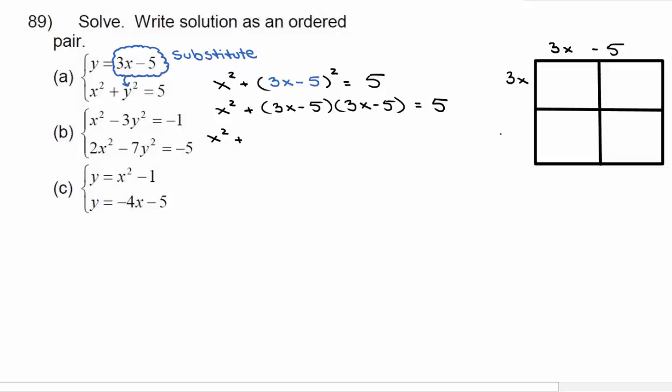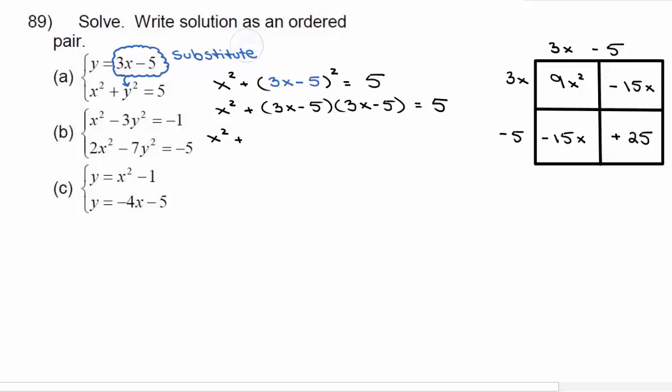I like to use the box method when multiplying polynomials. It keeps me nice, neat, and organized. 3x times 3x is 9x squared. 3x times negative 5 is negative 15x. Negative 5 times 3x is negative 15x. And negative 5 times negative 5 is positive 25.